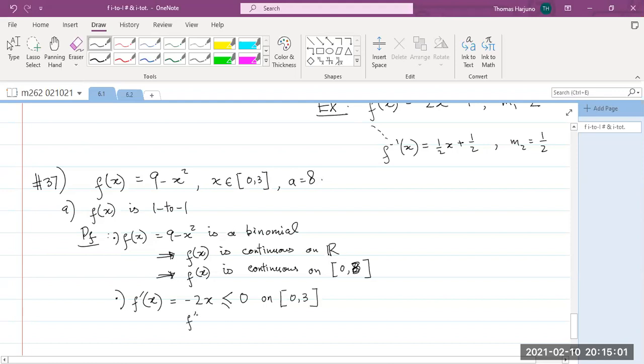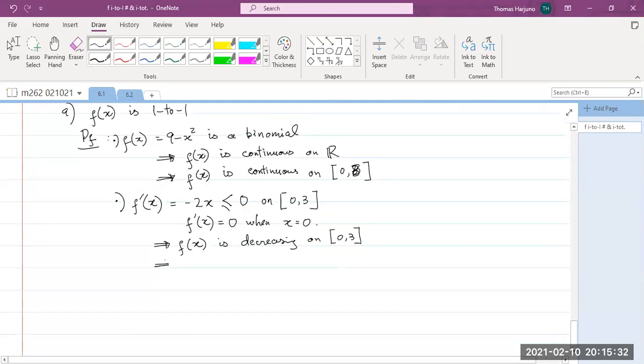So f prime of x equals 0 when x equals 0. Only at one point is it equal to 0. For the rest, it is negative. That way, f(x) is decreasing on that interval 0 to 3.